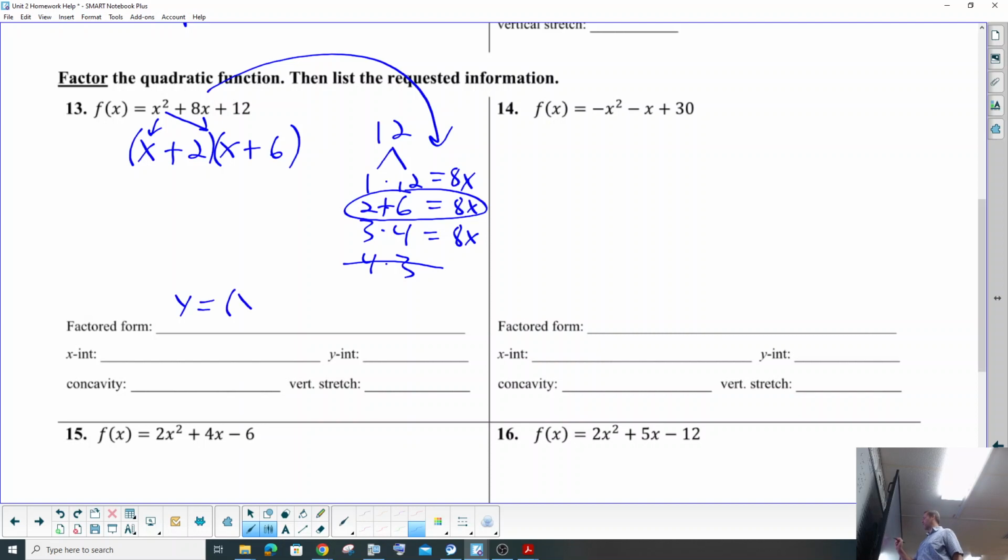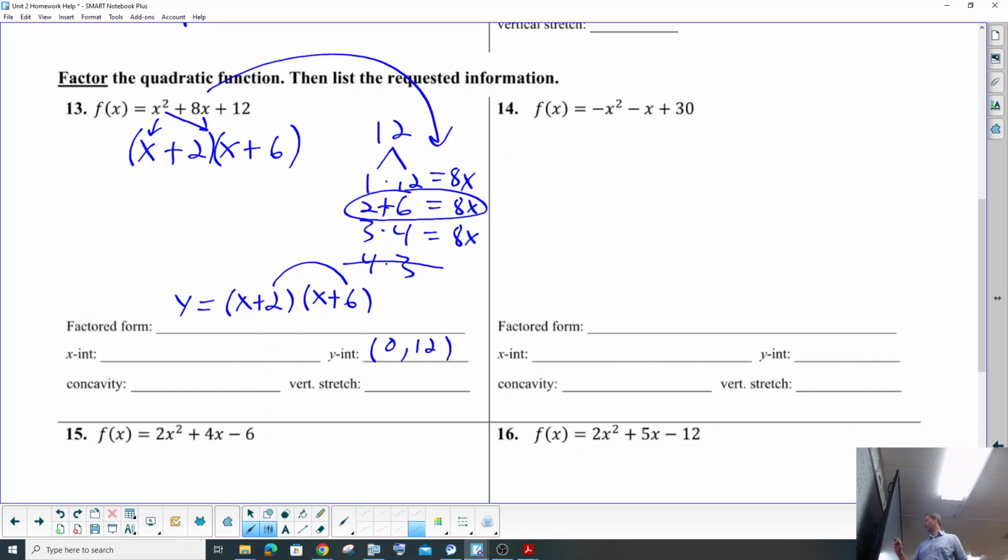Now, can you use the factored form to find the x-intercepts and y-intercepts? Well, to find the y-intercept, you're going to have to multiply the constant terms. Remember, that's the c value. And that's 2 times 6. What's 2 times 6? 12. So we're going to go 0, up 12.